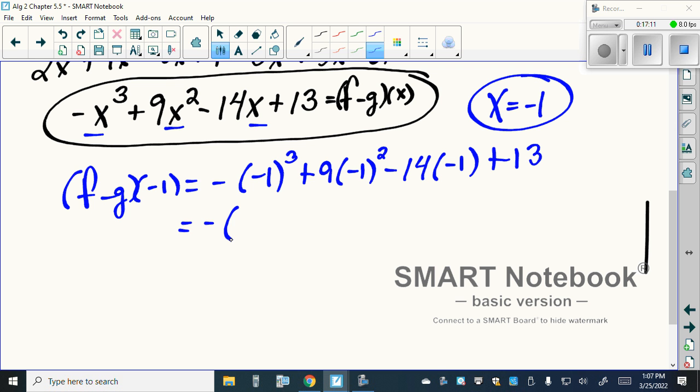Now, if we work this out by hand, negative 1 cubed is going to give us negative 1. Plus 9 times negative 1 squared is going to give us 1. Negative 14 times negative 1, negative and negative make a positive 14, plus 13.